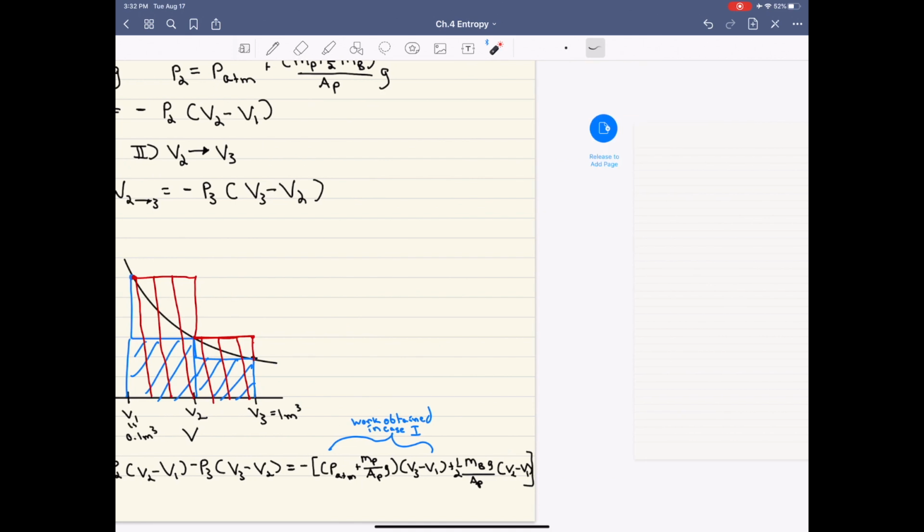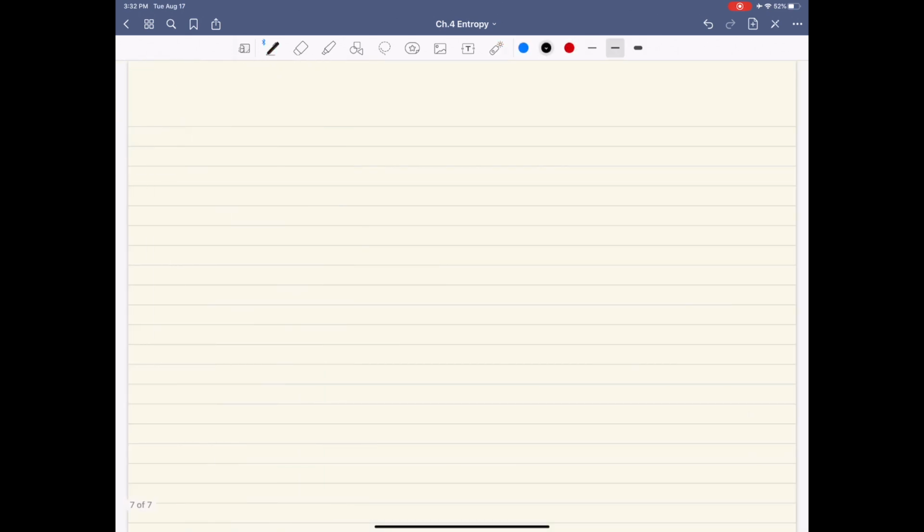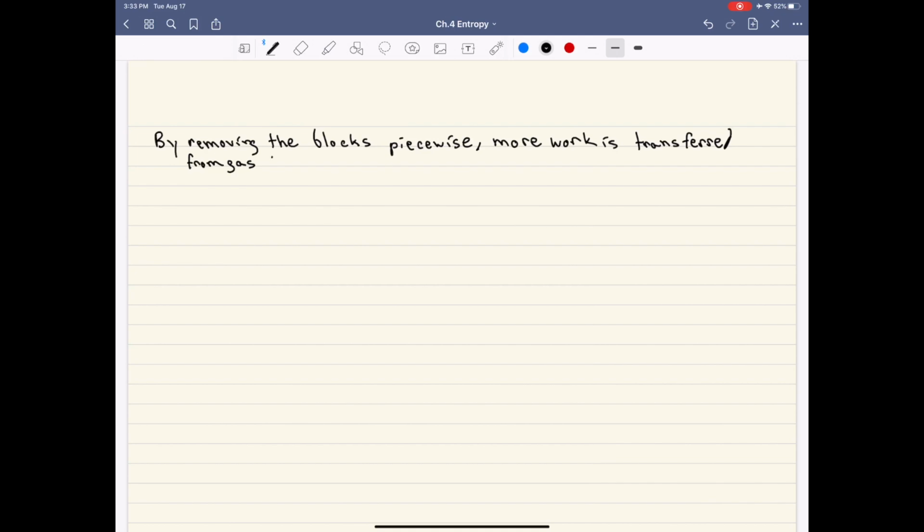And so to write this, at least in words, to summarize the point I'm trying to make, is that by removing the blocks piecewise, so instead of doing it all in 1 step, if we split it into 2 steps, what we get is that more work is transferred from the gas to the surroundings.